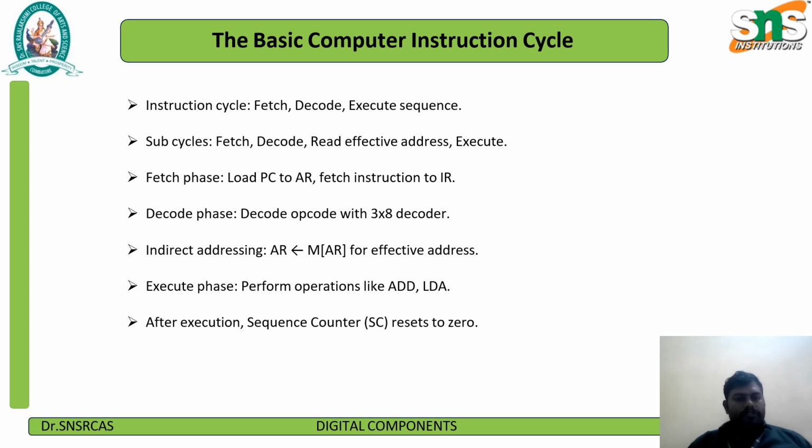The decode phase uses a 3-to-8 decoder. Indirect addressing uses the AR and the effective address. The execute phase performs operations like ADD and LDA. After the execution sequence, the sequence counter is reset to 0.